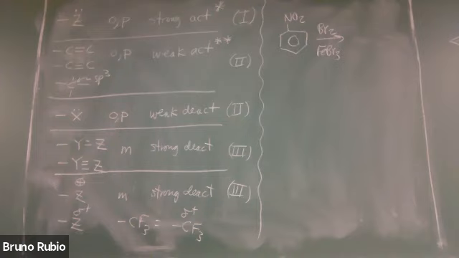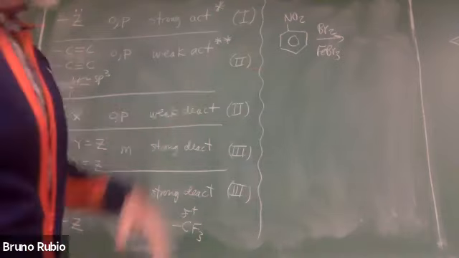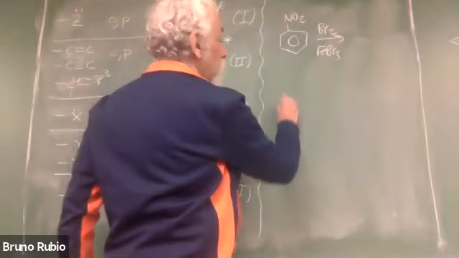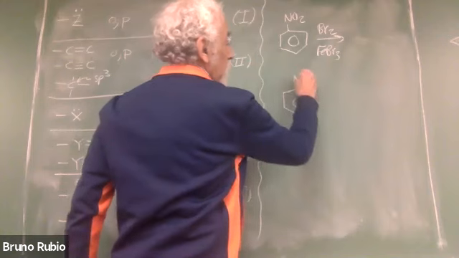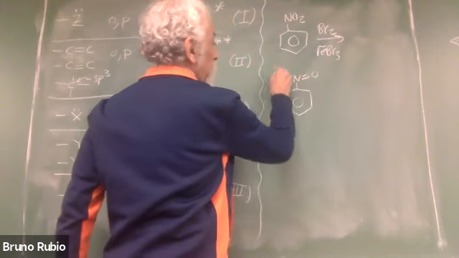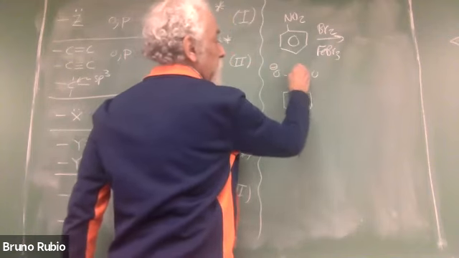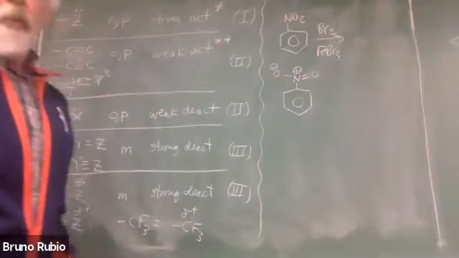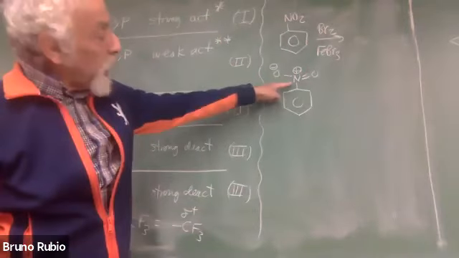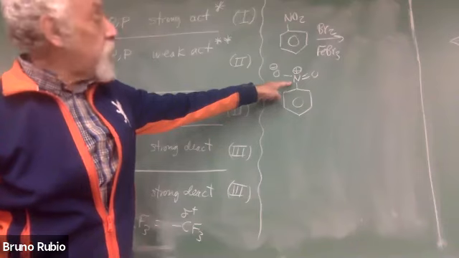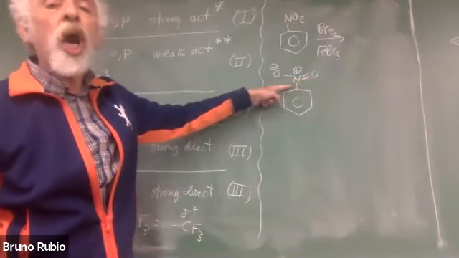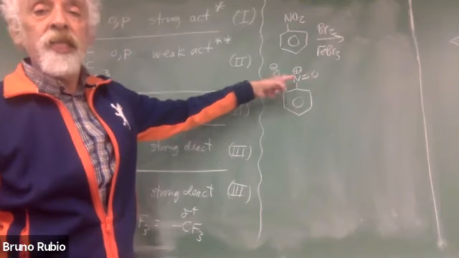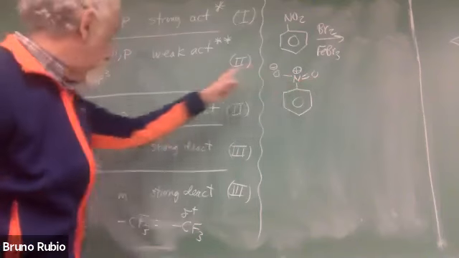That is a meta-director, because when you explode the nitro group in all its glory, and you write out the Lewis structure of the nitro group, and if you can't do this, you're sunk. The atom directly bonded to the benzene ring is part of a multiple bond, but not a carbon-carbon multiple bond. This is a nitrogen-oxygen multiple bond.